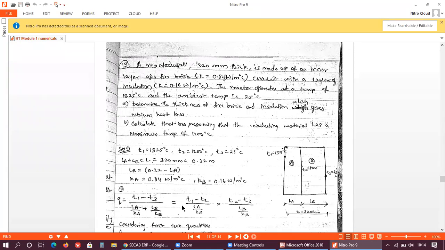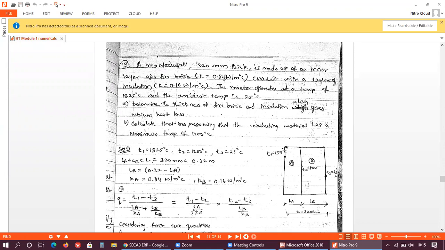This is equal to the rate of heat transfer through the first slab, as you can see here: T1 minus T2 divided by LA by Ka. LA is the thickness of the first wall and Ka is the thermal conductivity of the first slab. Okay, so the earlier one is the rate of heat transfer of the entire wall including both walls, right?